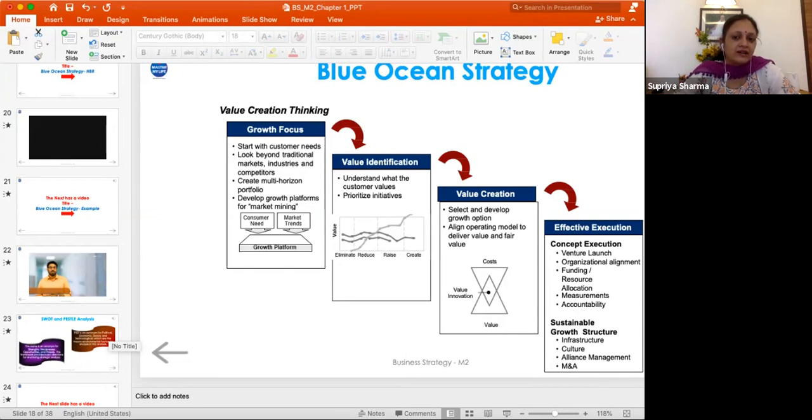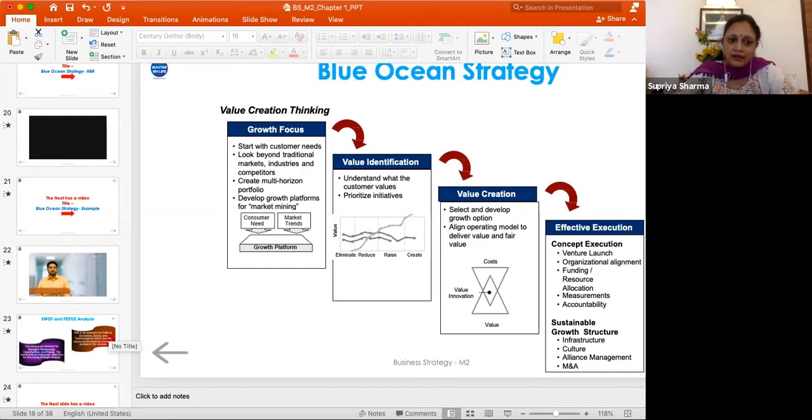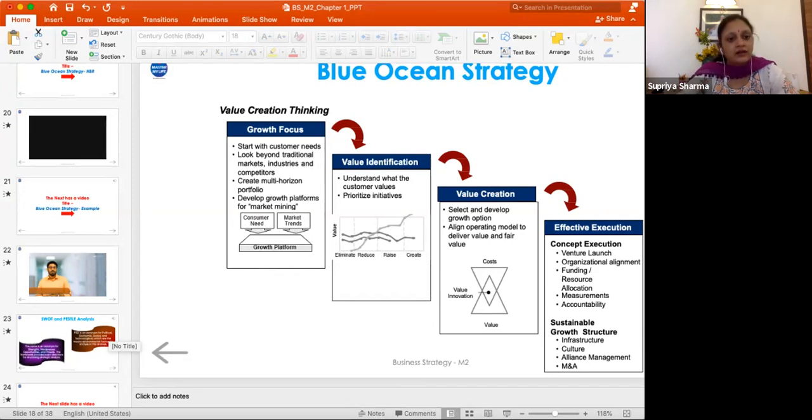But if we keep identifying this and we keep getting this price, utility, and cost equation right, and keep tapping into new market spaces, then we will continue to create blue oceans.